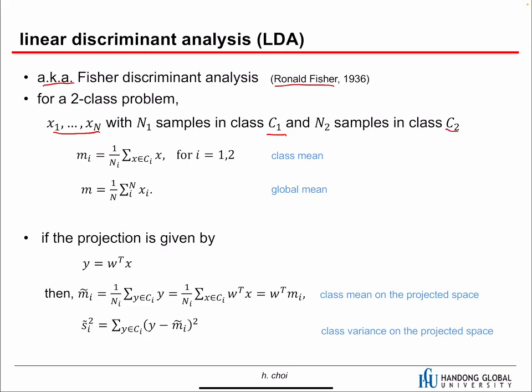In class 1, we have n sub 1 samples, and in class 2, we have n sub 2 samples. And we can define the class mean and global mean. So this is the class mean. It is the mean in the class. N sub i is the number of samples in the class, and we sum all the samples in the class. Okay, and then m is the global mean, so we just take an average of all the samples.